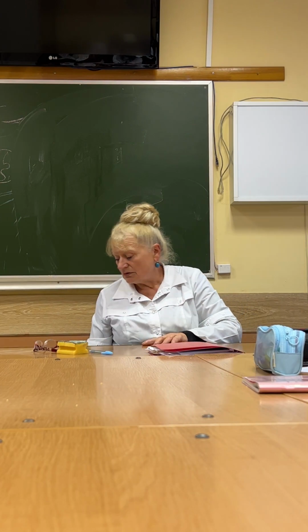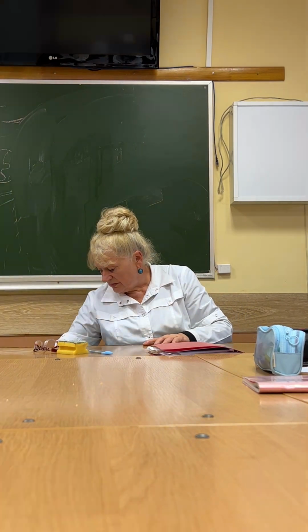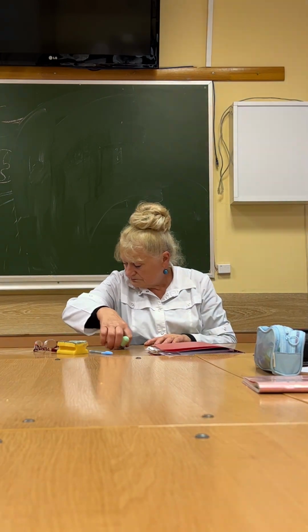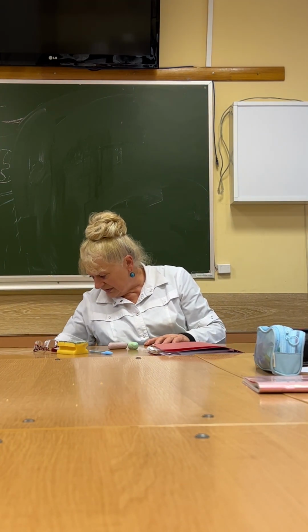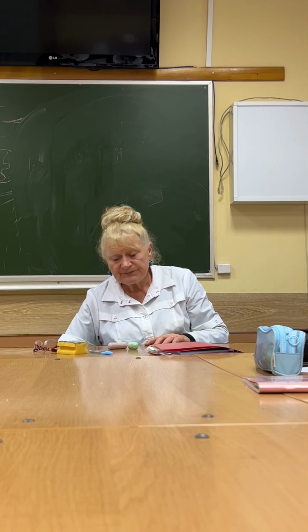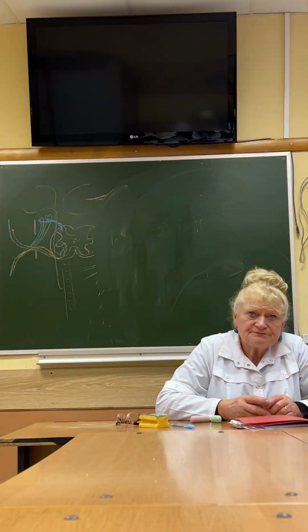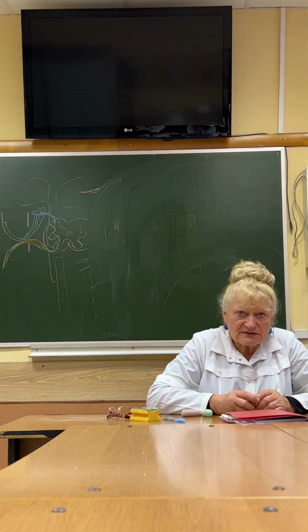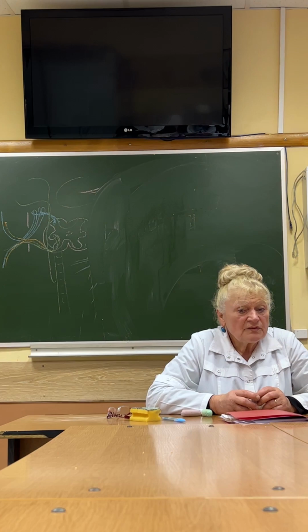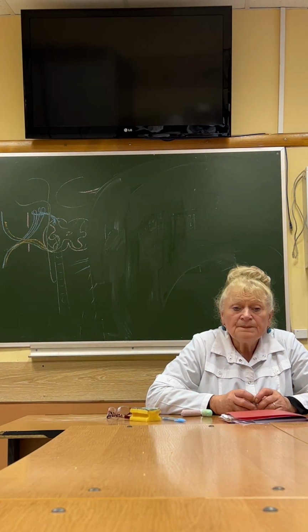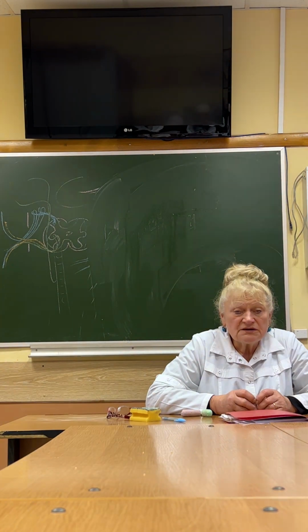And from the spinal cord, the spinal nerves direct. And how many spinal nerves do we have? 31 pairs.